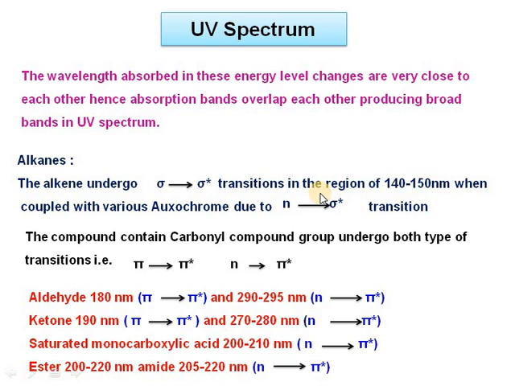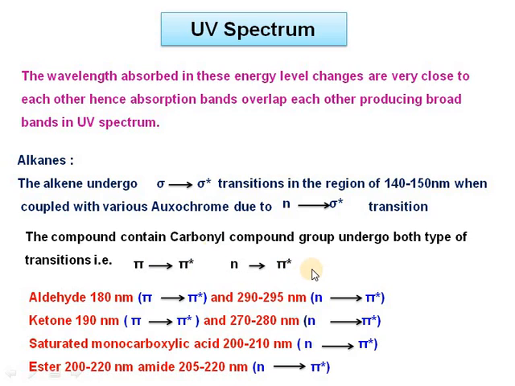But when the radiation is coupled with an auxochrome, due to n to sigma star transitions, compounds like carbonyl compounds produce transitions such as pi to pi star as well as n to pi star transitions.